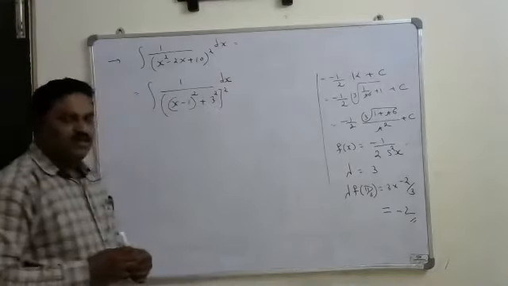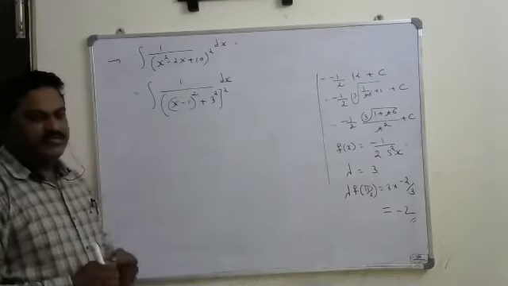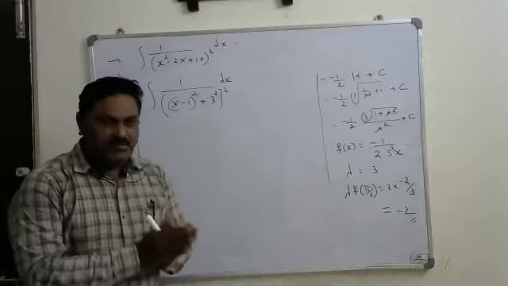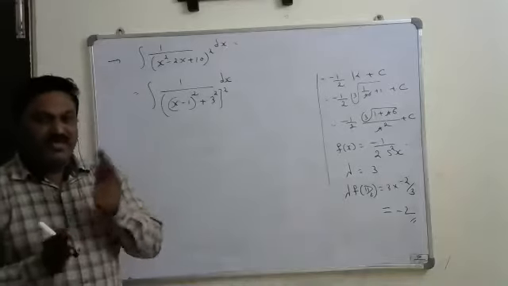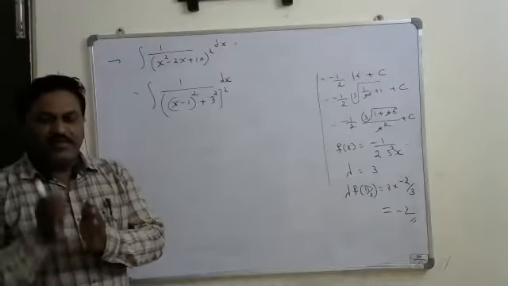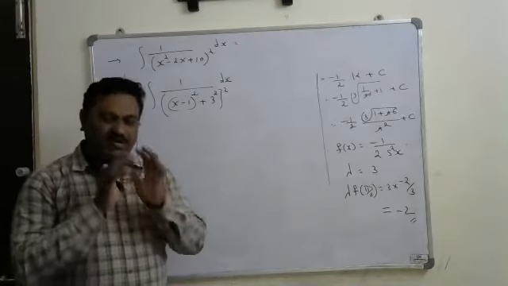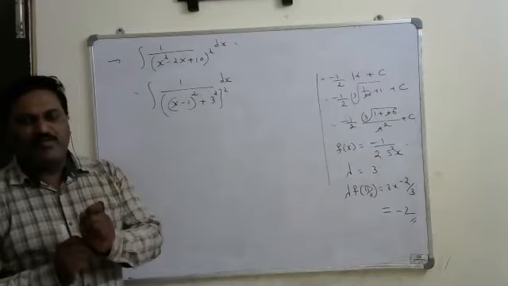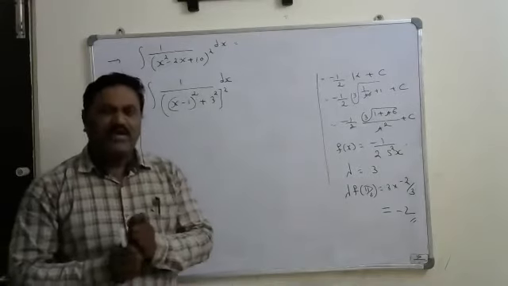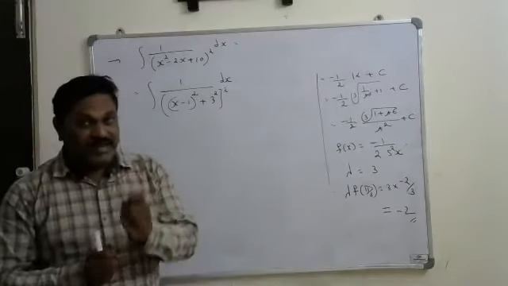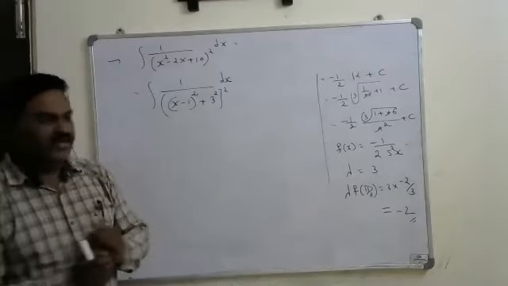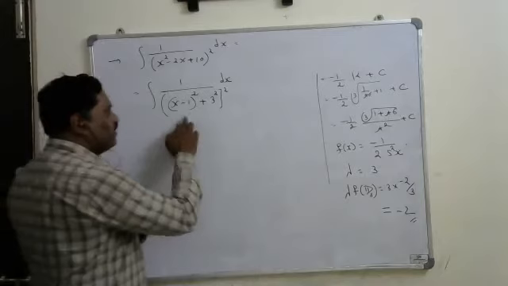Now, to simplify this, whenever any function is in the format of a square plus x square, that may be within the root or without the root or inside of any other power, if we find any function of x square plus a square format, take x is equal to a tan theta. Here in the place of x, there is an x minus 1.